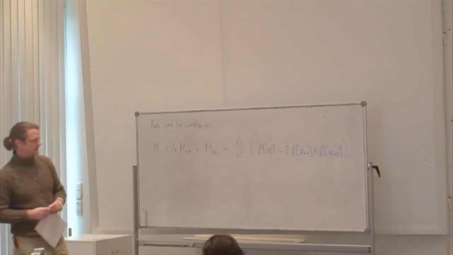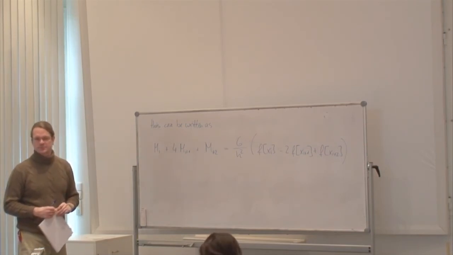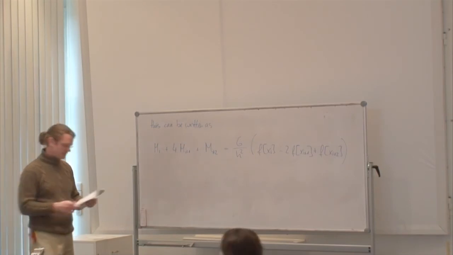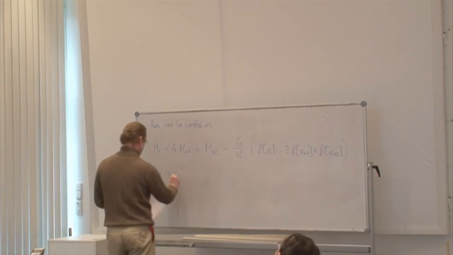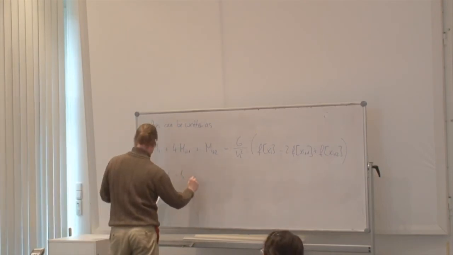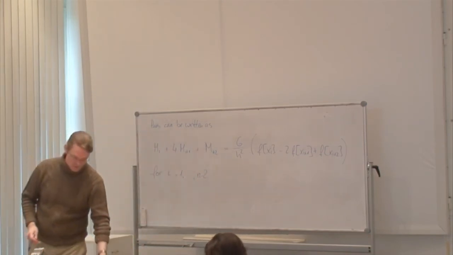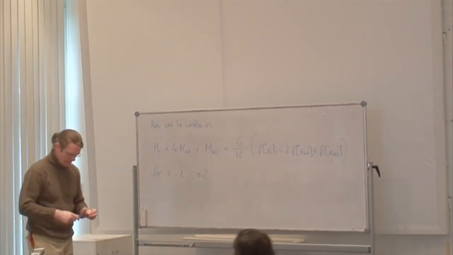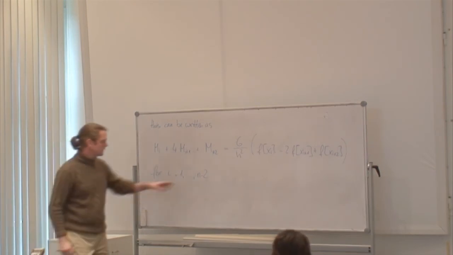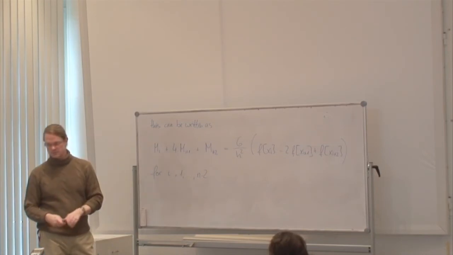And this is not the only equation we get. This is just what we get if we consider index i. But we have a lot of i's, right? So for i from 1 all the way up to n minus 2, going through this exercise, we end up with n minus 2 equations for n unknowns.